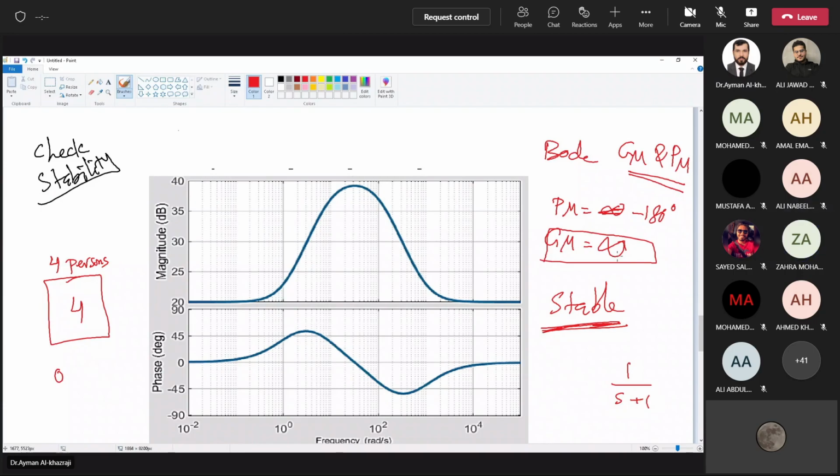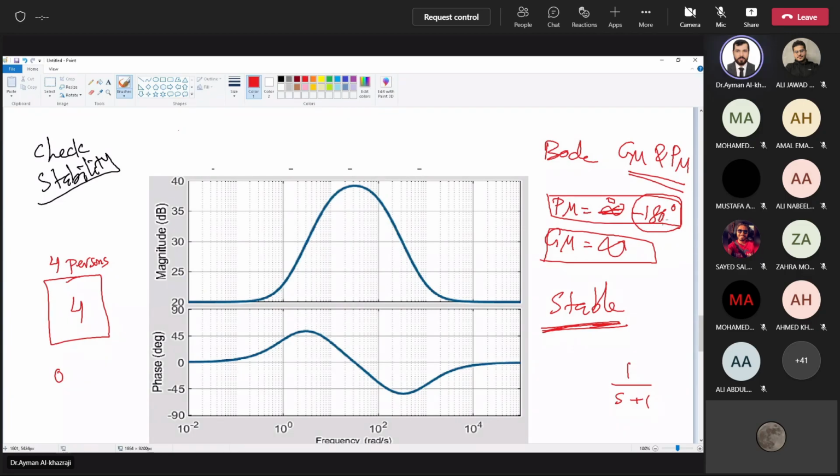The angle cannot be infinity because it is a multiple of pi. So the definition of phase margin is the additional angle that I can add to reach minus 180. If we say this is 0 to minus 180, it means I can add the maximum capacity, which is minus 180.